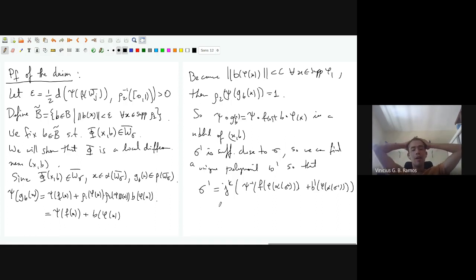Basically, what I'm saying is when you look at your original jet, j^k of f, that gives rise to a polynomial when you look at the chart. So it's f of x plus all the derivatives looked at in this chart. And then when you take another jet that's sufficiently close to it, then you just have to add the difference of the value of the function and all the kth derivatives, and you get this polynomial b prime.